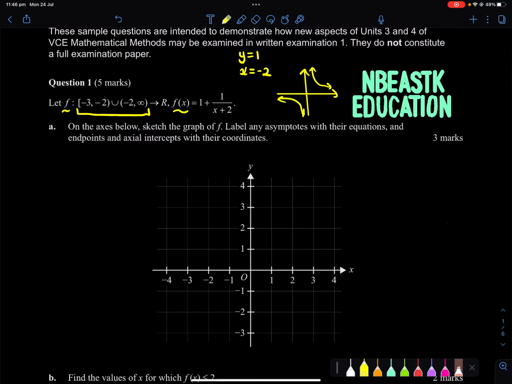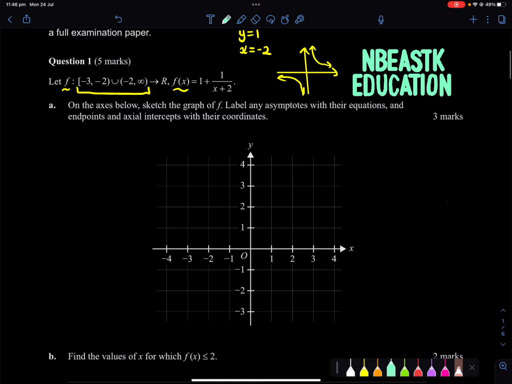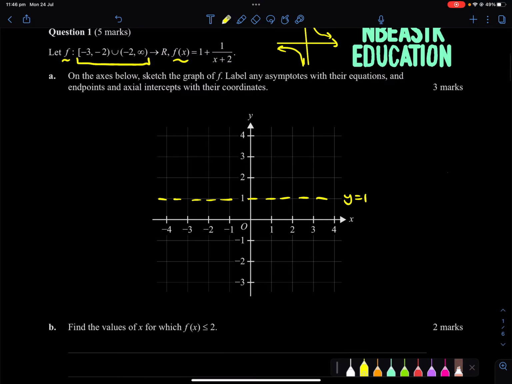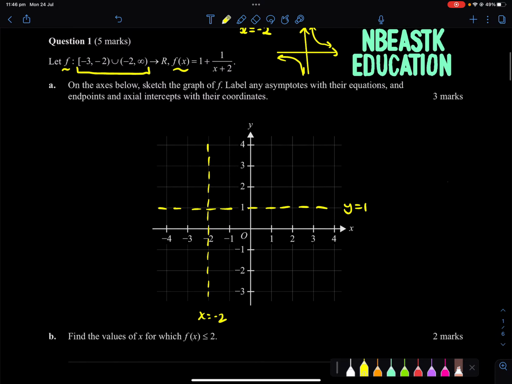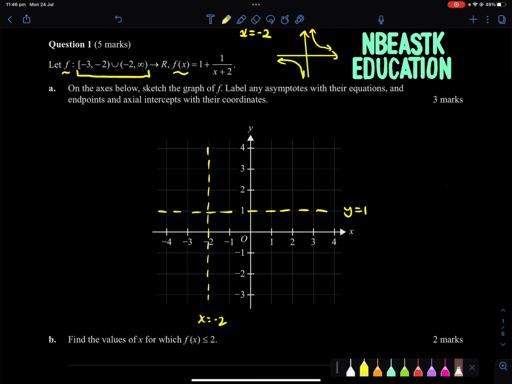First, I'm going to put in the asymptotes. So y equals 1, that's an asymptote, and x equals negative 2 is our next asymptote. Before even reading, on the axes below, sketch the graph, label any asymptotes, which we've done.